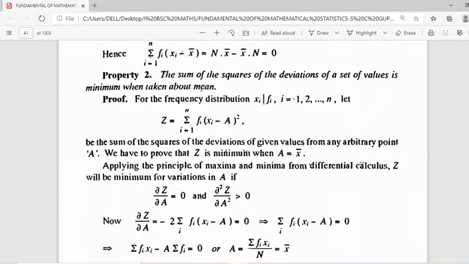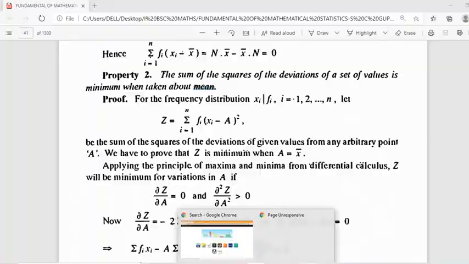Our aim is to find out the property: the sum of squares of deviations of a set of values is minimum when taken about the mean. We can take the deviations of the observations from the mean, median, mode or any other constant, but the sum of squares of the deviations will be minimum only when we take the deviation from the mean.